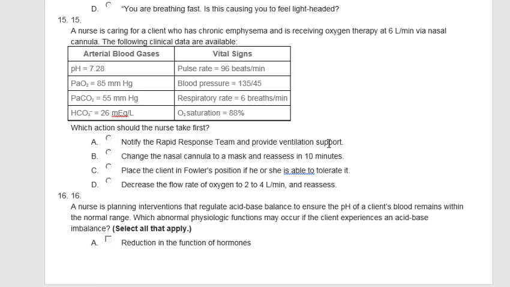Although with this question, it's possible, I would actually maybe even argue that question, because if you have somebody who has emphysema and you have them on 6 liters, you're going to decrease their respiratory drive. That's going to drop their respiratory rate, and it's going to make them retain the CO2. So it's very possible that if you decrease that oxygen, he might come back to normal. But for the sake of the question, it's telling you that you need to provide ventilation support for this guy.